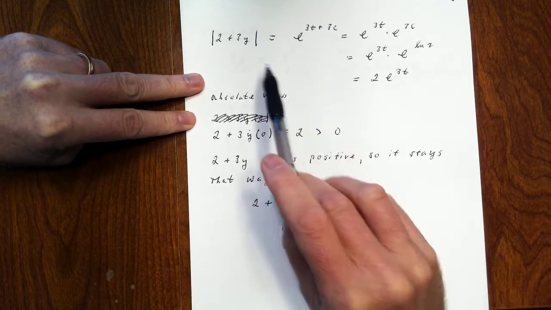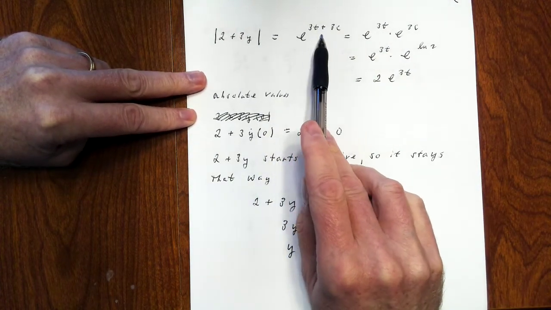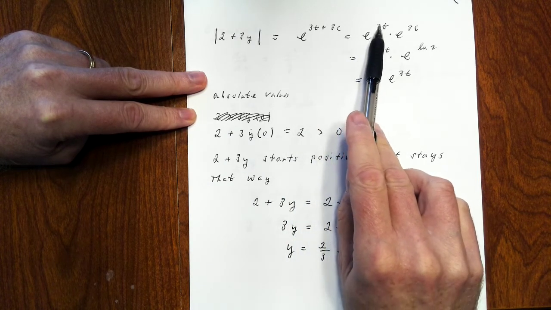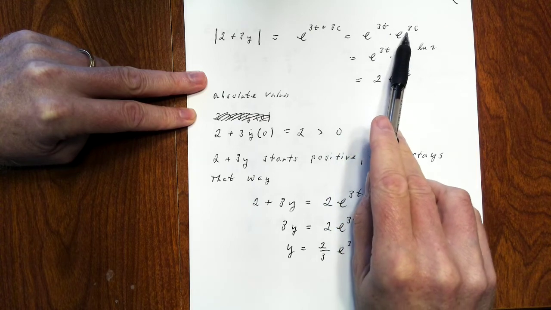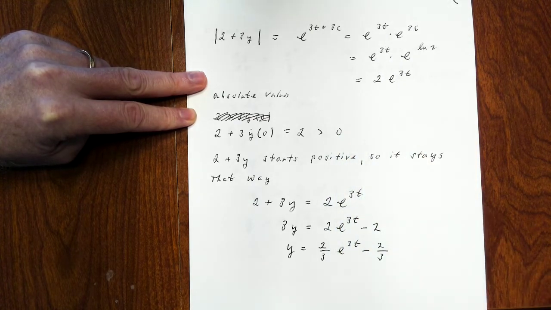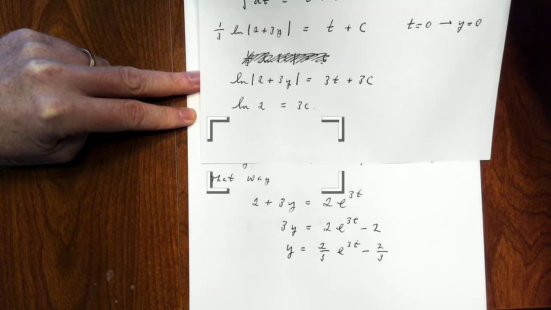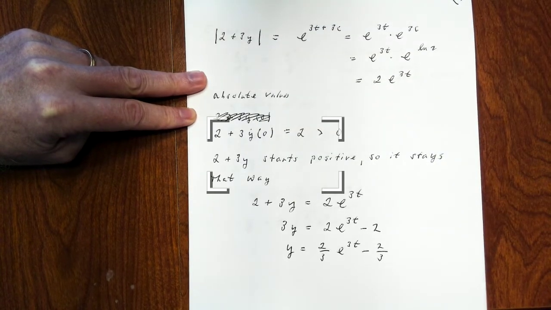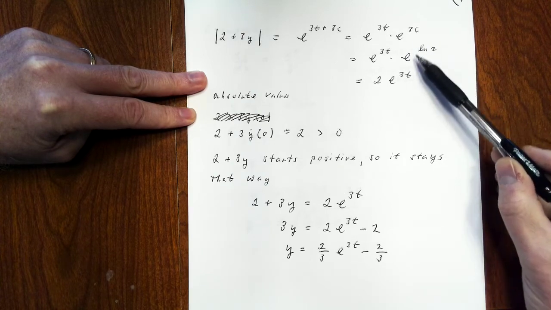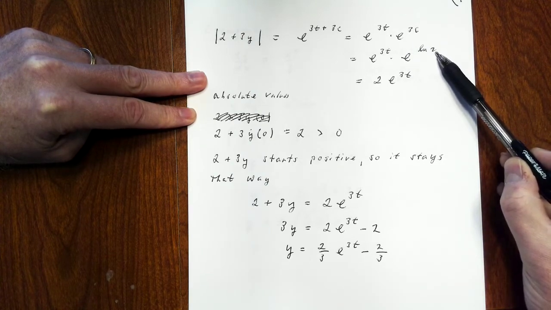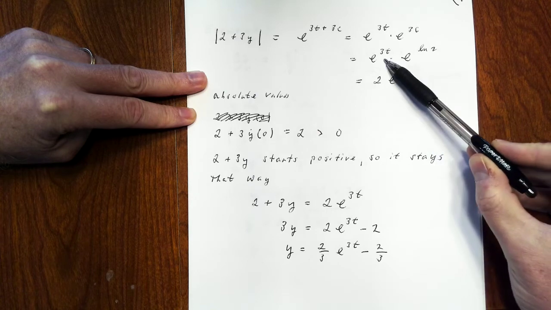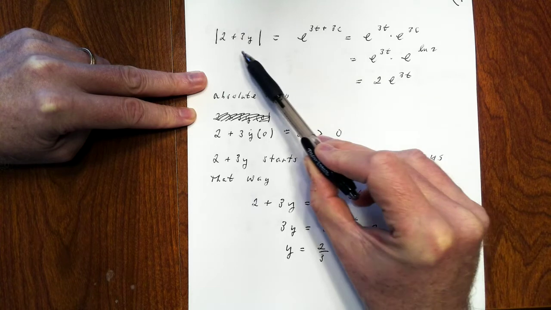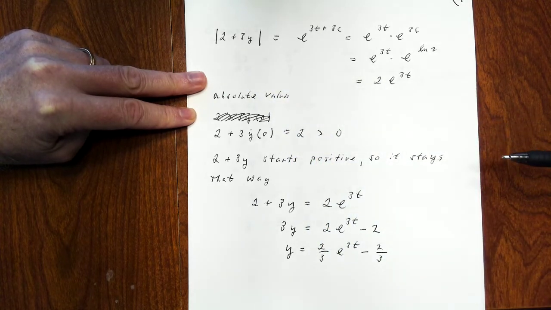So the absolute value of 2 plus 3y is e to the 3t plus 3c, which using properties of exponents is e to the 3t times e to the 3c, and 3c was the natural log of 2. So e to the 3c is e to the natural log of 2, which is 2. So I have e to the 3t times 2. That's equal to the absolute value of 2 plus 3y.